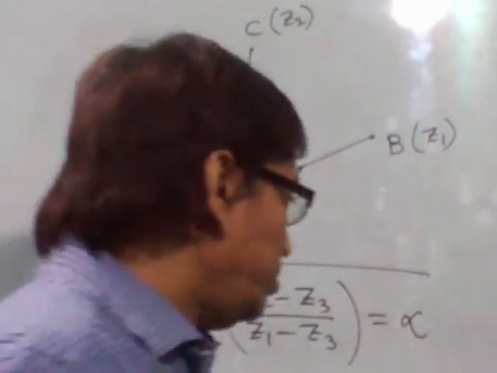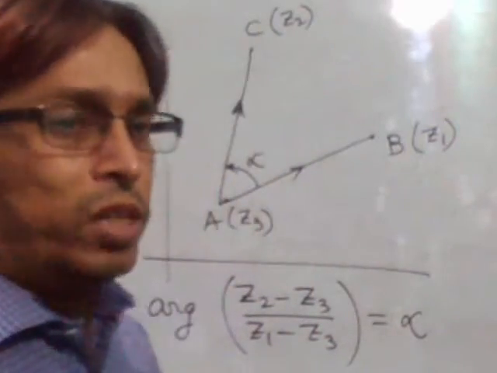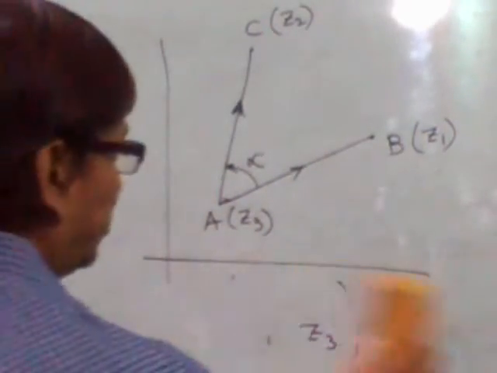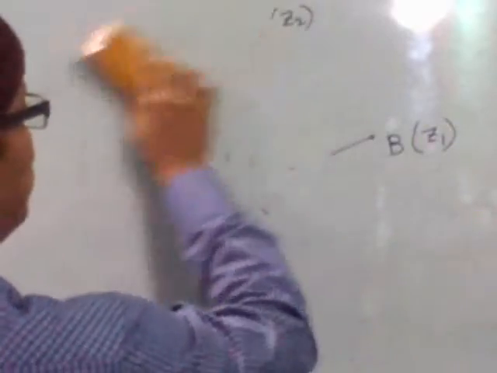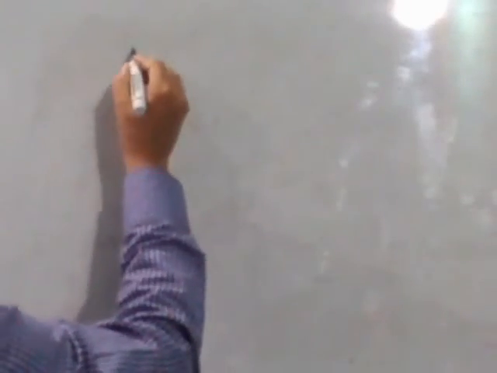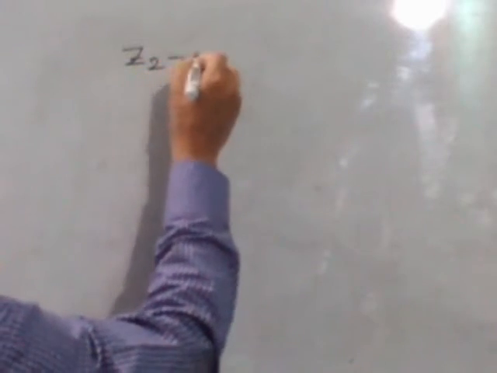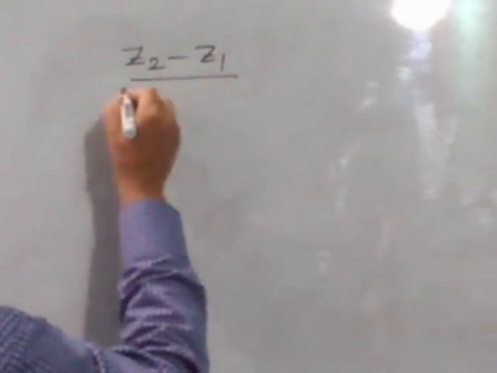Now there are some points to note here. Previously we said that we are getting Z2 minus Z1 by Z3 minus Z1.